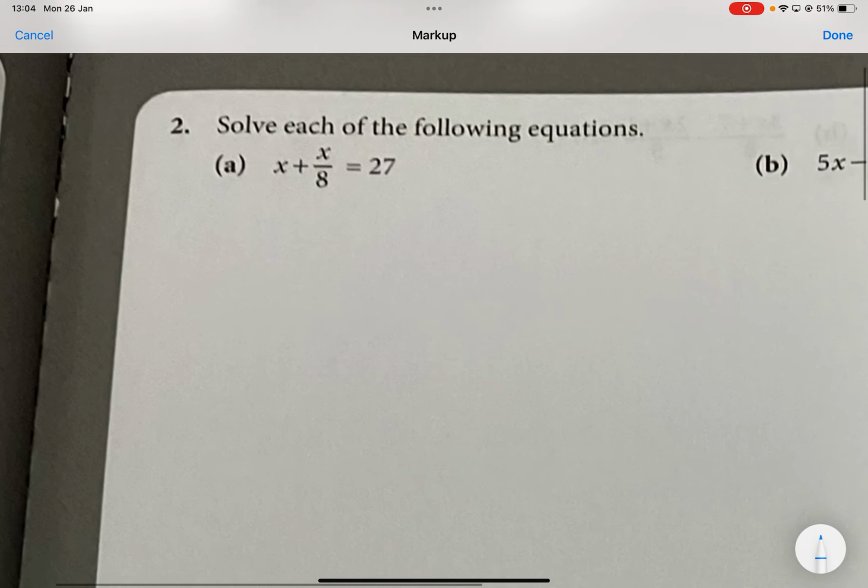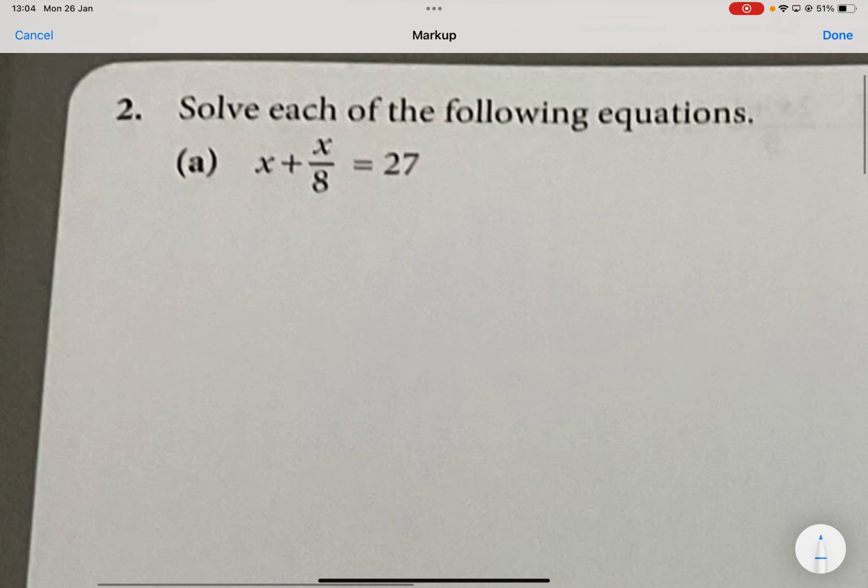Okay, question 2. Elijah, all these questions, I think they are not easy. All your question 1, question 2, they are not easy. But you must try. You try, then you know what the difficulty is. Okay? You must first see x as x over 1.